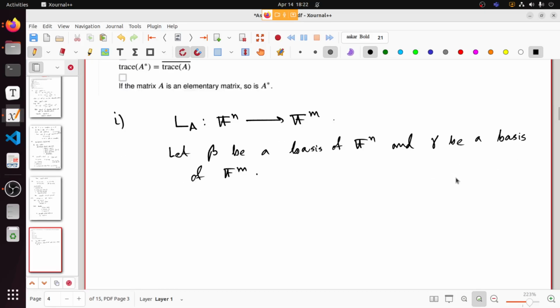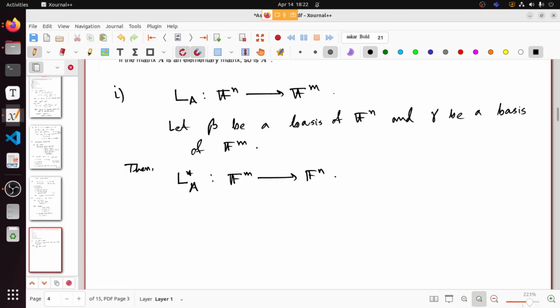Then LA conjugate transpose will be mapped from Fm to Fn, right? And with this basis, note also the matrix of LA with respect to the bases beta and gamma will be A, because this is the linear transformation corresponding to A.